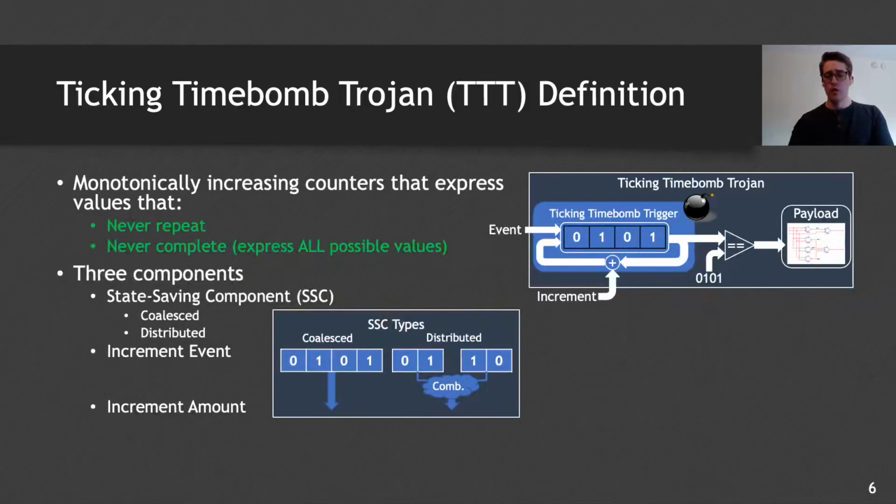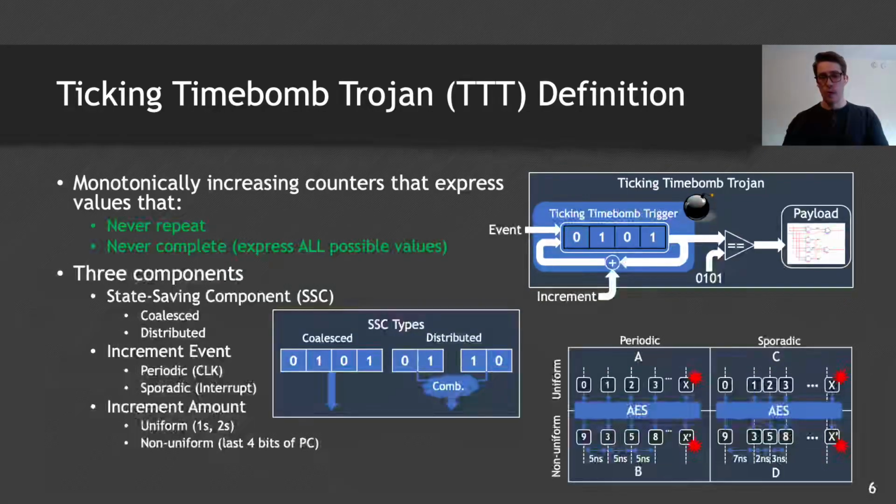Alternatively, rather than use a single contiguous register to store the count, a savvy attacker may choose to combine multiple smaller SSCs into a larger distributed SSC, as shown on the right. Increment events can be either periodic, for example, a clock signal, or sporadic, for example, an interrupt signal. And increment amounts can be uniform, for example, incrementing by 1s or 2s, or non-uniform, for example, incrementing by the last 4 bits of the program counter.